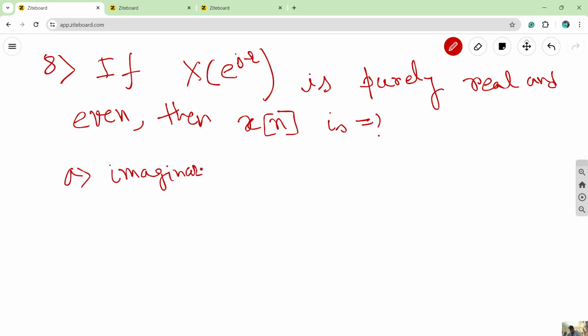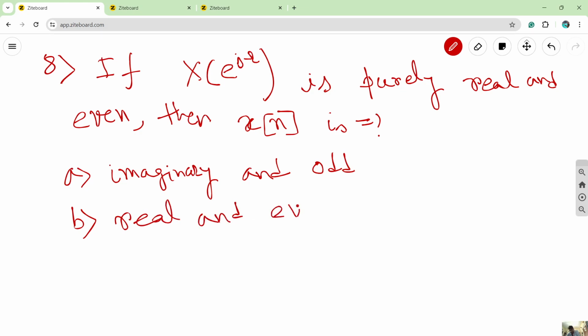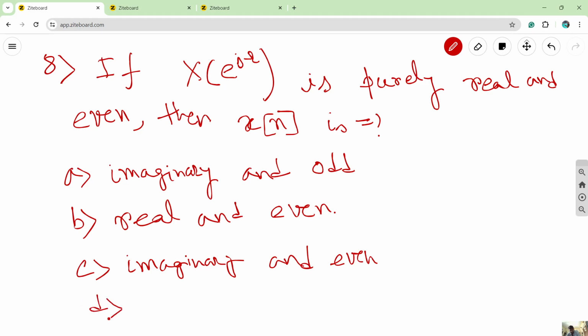Option A: imaginary and odd. Option B: real and even. C is imaginary and even. Option D is real and odd.